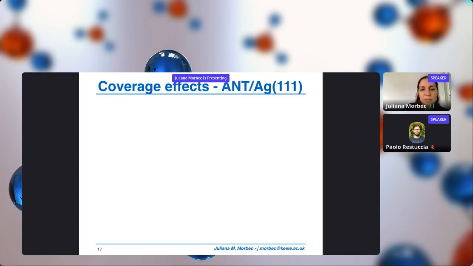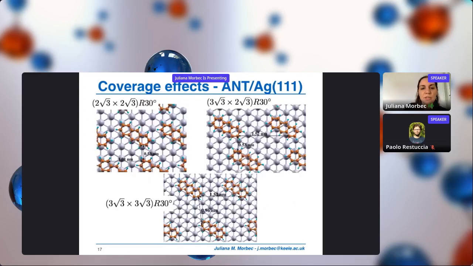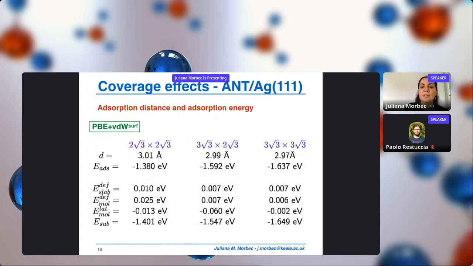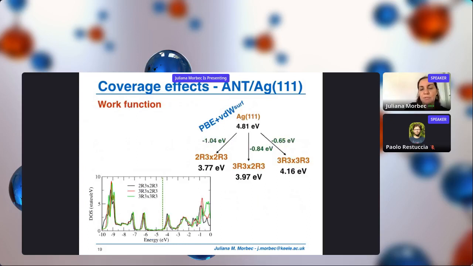Same goes for anthracene. You also consider larger supercells for anthracene, and you also observe that as you increase the size of the supercell, you have less interaction between the molecules among each other, but you have stronger interaction between molecule and substrate. And the same happens for the work function.